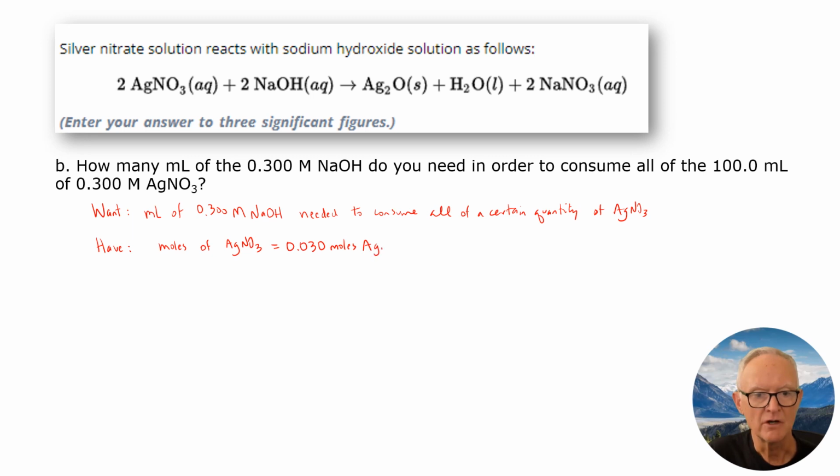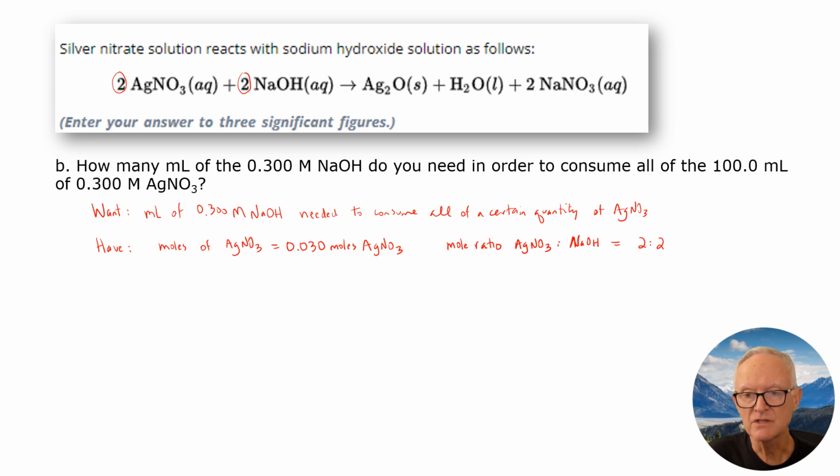We did that in part A. And we need now the mole ratio of silver nitrate to sodium hydroxide. And that mole ratio is 2 to 2. We just get that from the coefficients in our equation. So when we react silver nitrate with sodium hydroxide, the ratio is 2 moles of silver nitrate to 2 moles of sodium hydroxide. So it's 2 to 2.